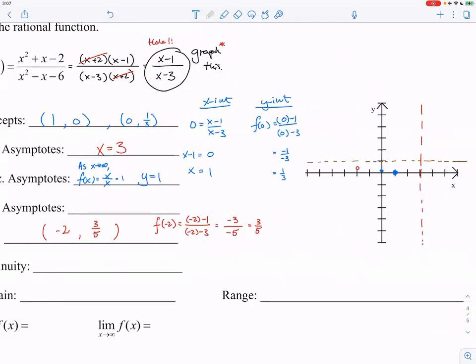Okay, hold on. Let me write down the if. The question is, if f of x is equal to this, the -3 got canceled out because they're not important. So you just have 2x over x.